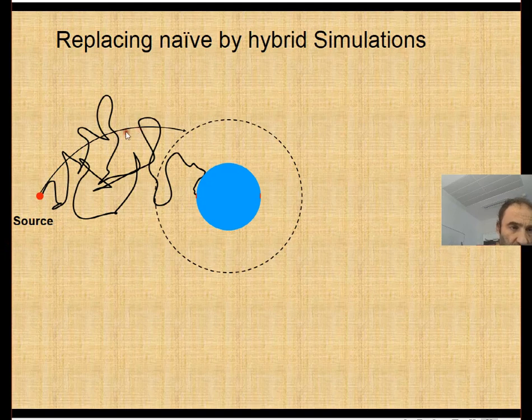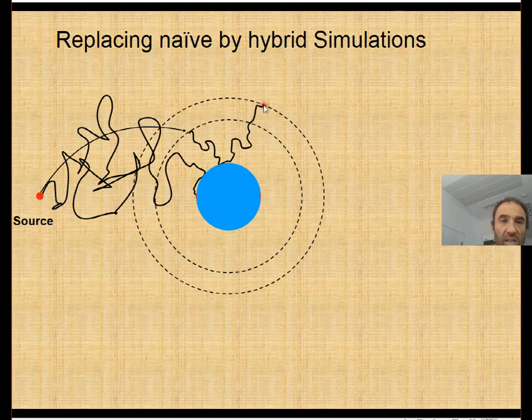So we decided to replace this with what you call a hybrid simulation, where instead of simulating the trajectory, we teleport the initial source into a disk at a certain distance from the cell we are interested in. Then you can generate a Brownian simulation inside until it reaches a second circle, which you then map back to the first circle and then use Brownian simulation again.